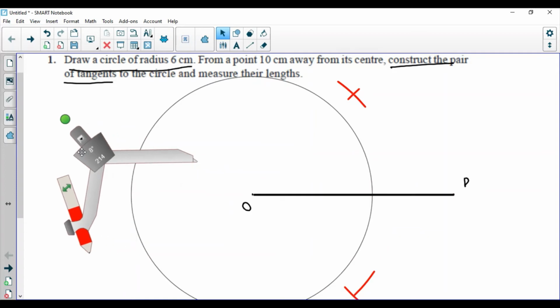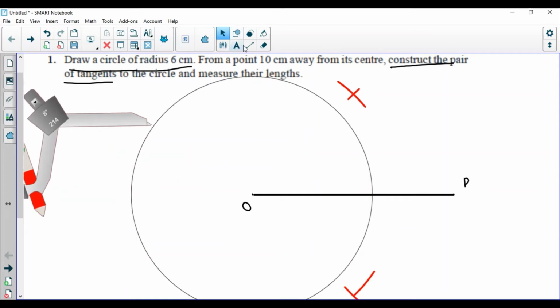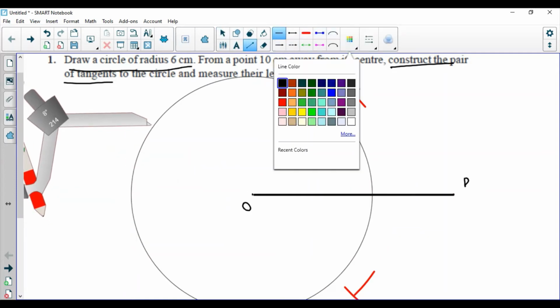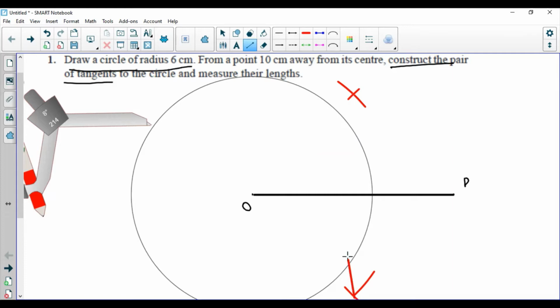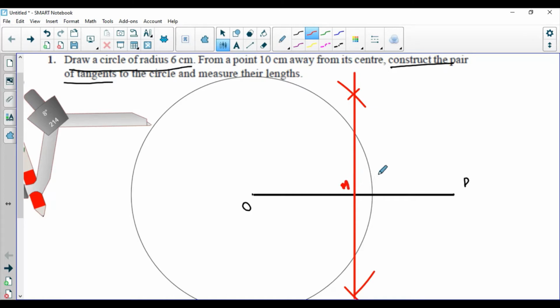So you got two intersecting points here. Join them to get a perpendicular bisector. This is your perpendicular bisector. Let this be your point M.